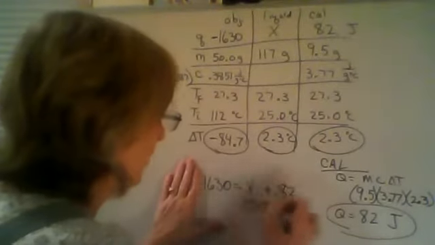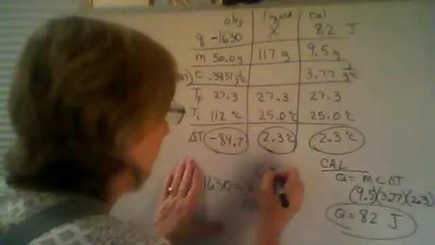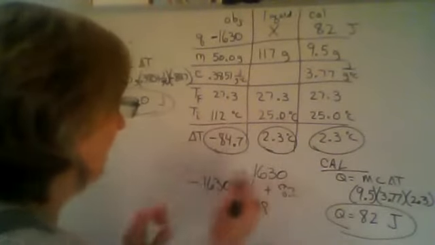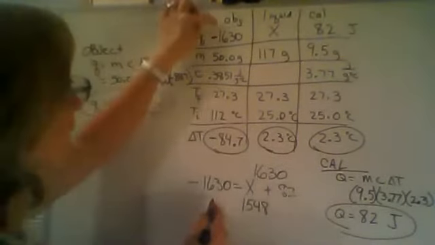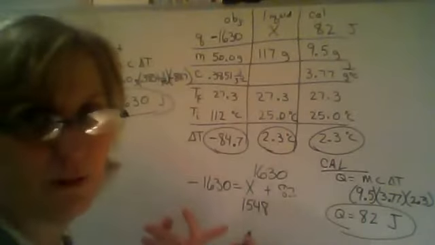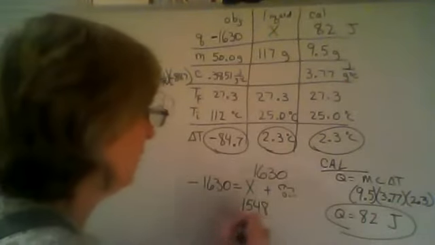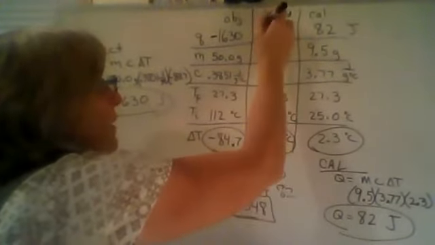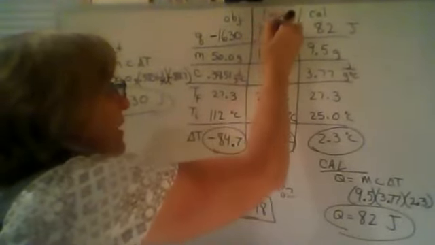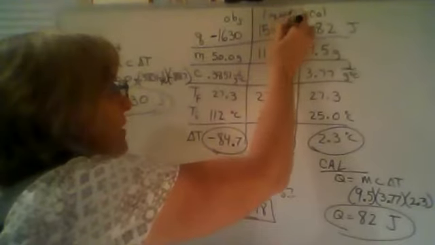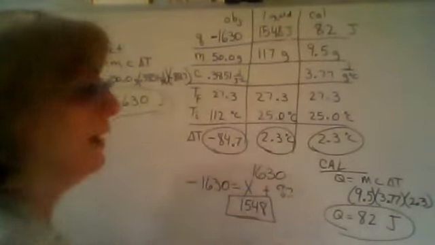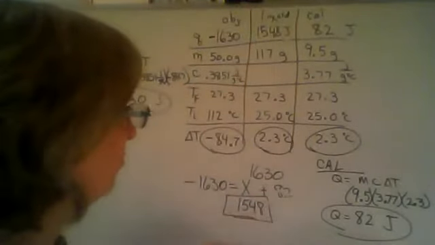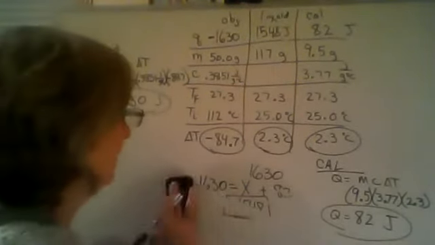So now I know these two together make 1630, and that the energy of this object is just the negative of that. So I know this is correct. 1548 joules. And now you see you have everything in the center column to run your equation again. Last time.